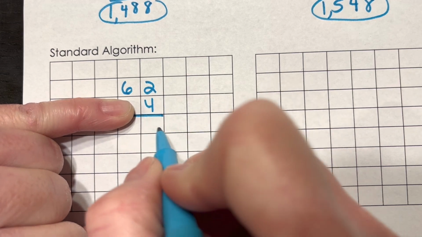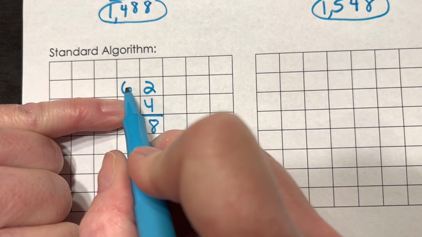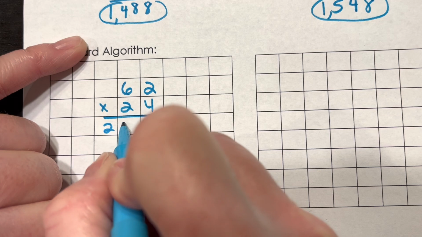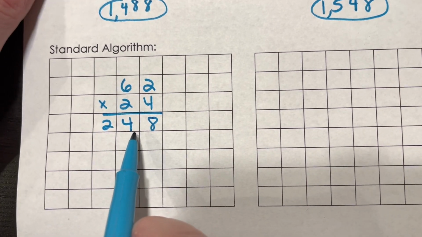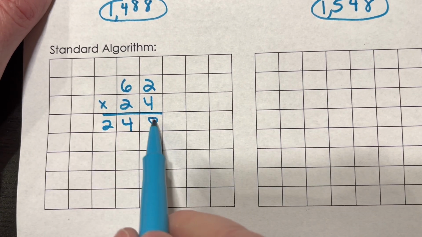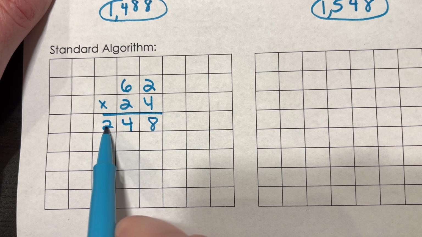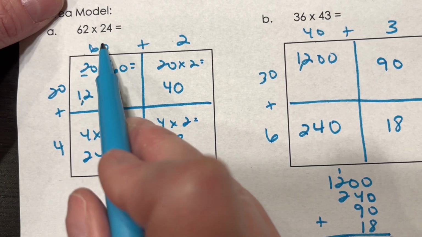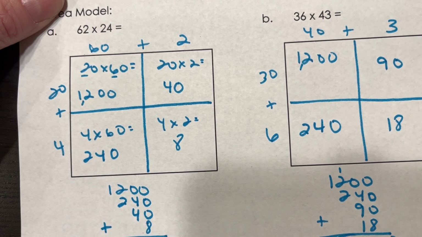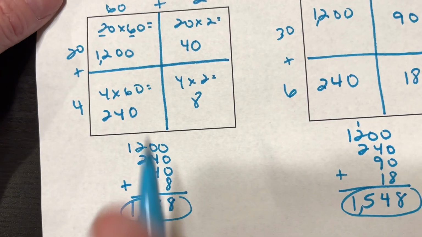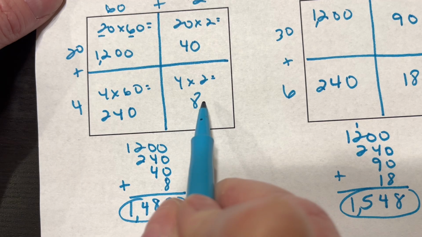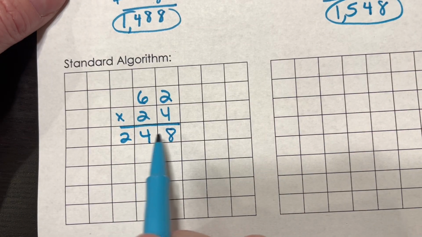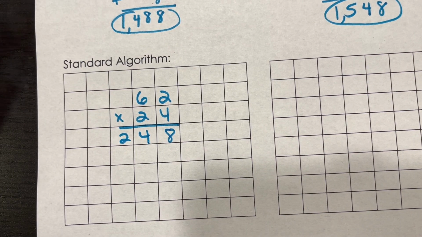So 4 times 2 is 8, and 4 times 6 is 24. And I automatically got this as 240 because there's already a number in this one's place. So that makes that 248, and if you look here, when we did the 4 times the 62, which is what we just did, right? 4 times 62, we got the 240, we got the 8, there it is, 248, okay?